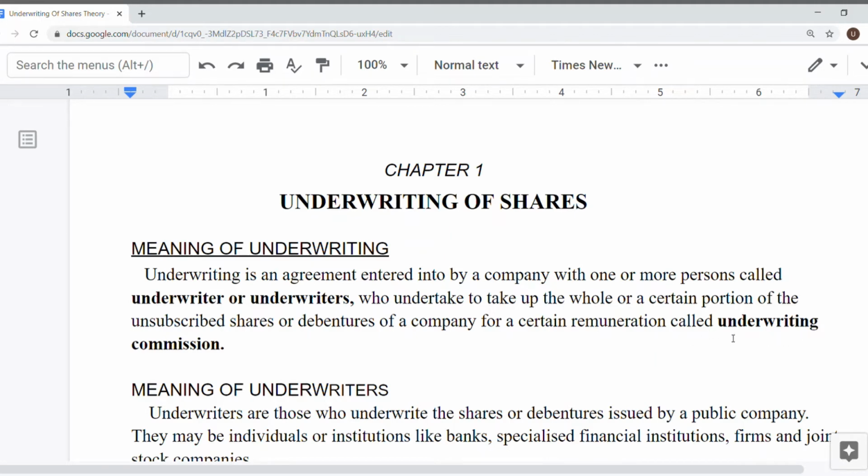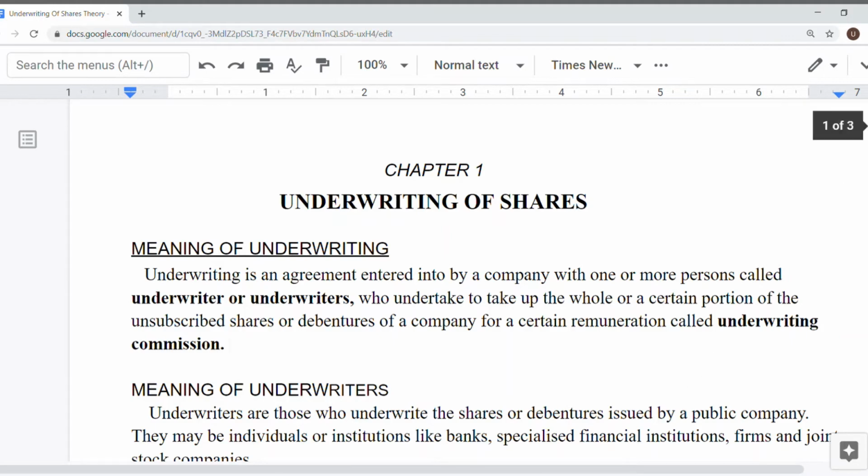So these underwriters are taking up the unsubscribed shares of the public company. For that, the public company should pay them a certain amount, that is called underwriting commission.